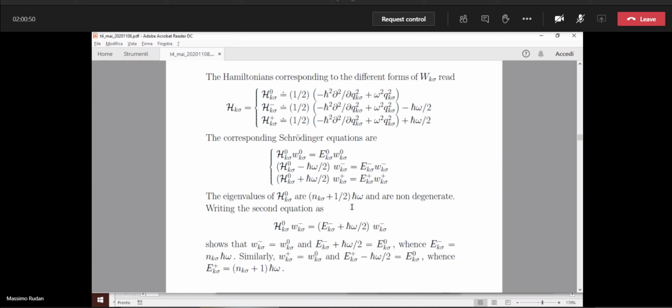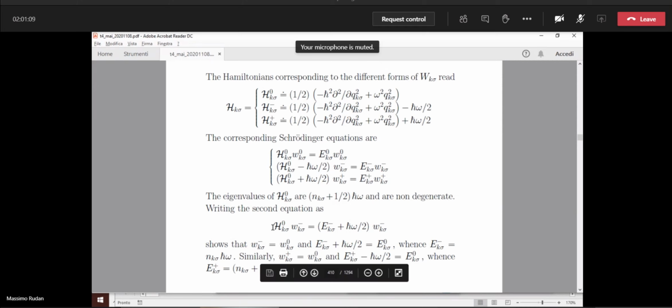The second equation is such that we have again the original Hamiltonian h0 minus h bar omega divided by 2. So we bring the constant to the right.